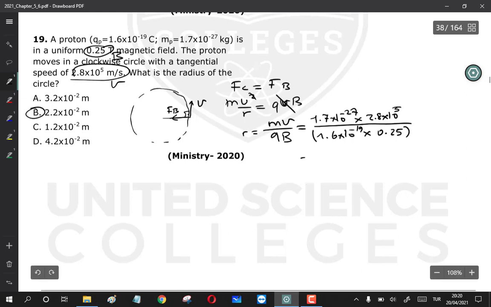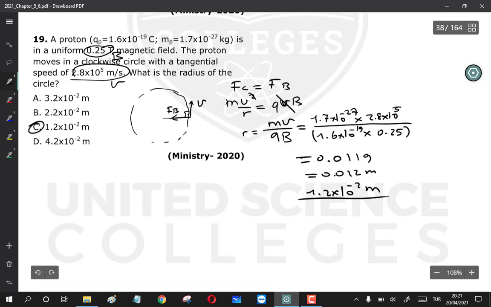Just calculator says 0.0119. So if we round, it's going to be 0.012 meter, that is 1.2 times 10 to the power of negative 2 meters. So not B, C is the correct answer for this question. That's all about this title.